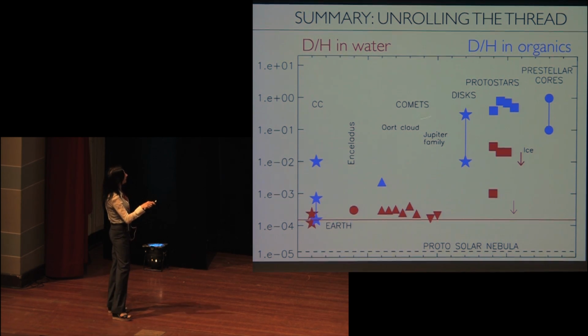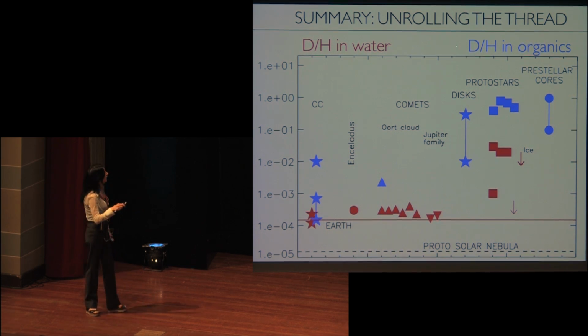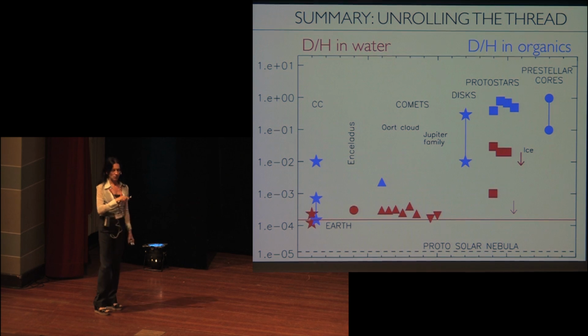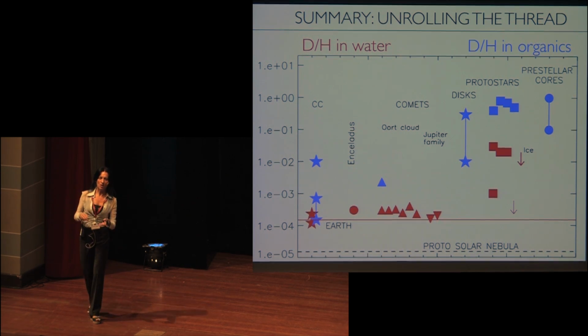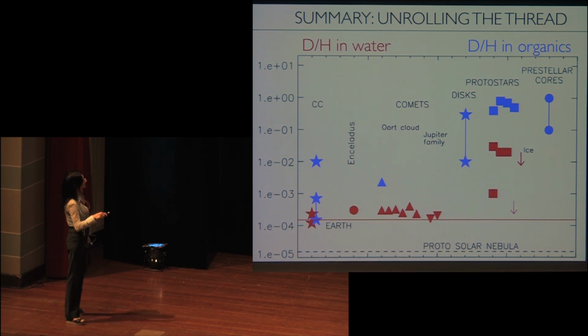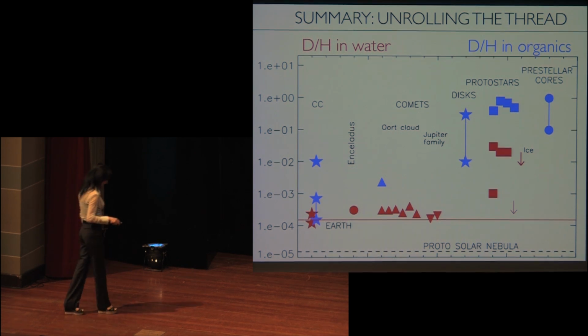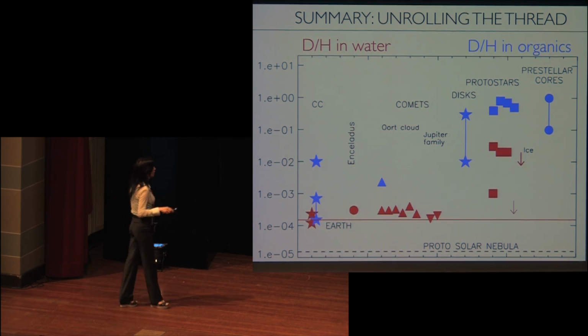So we have here a plot that shows the D over H in water in red and the D over H in organics in blue for all the bodies or objects that have been observed, including the latest disk DCO+ over HCO+.